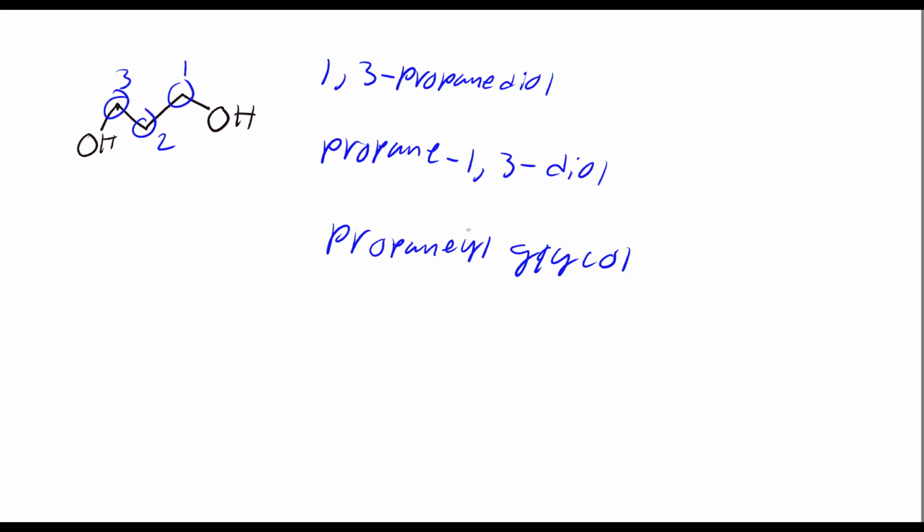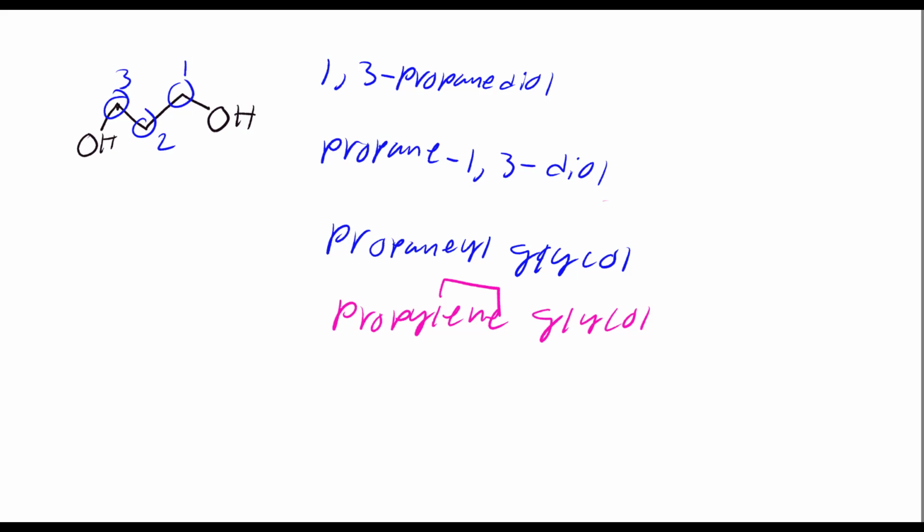Actually, sorry, this is not propanyl. This is going to be propylene glycol. So not propanyl, it's propylene. Like ethylene, except it's propylene. It rhymes with gasoline, right? So propylene, ethylene, methylene, butylene, right?